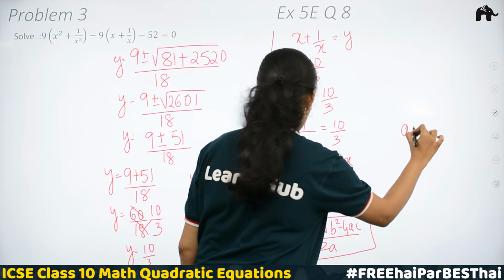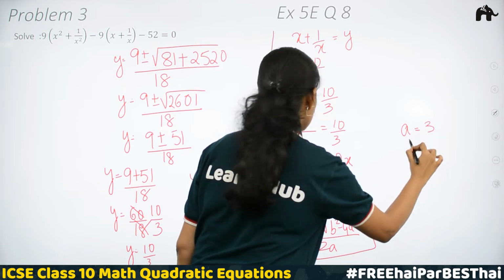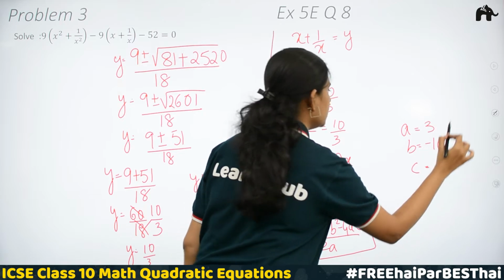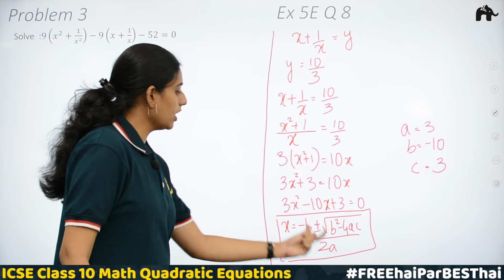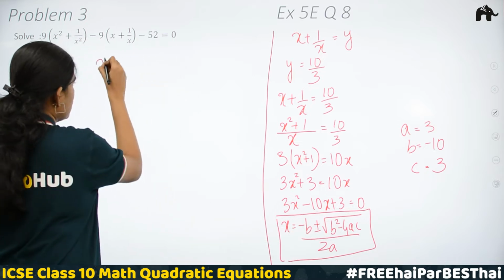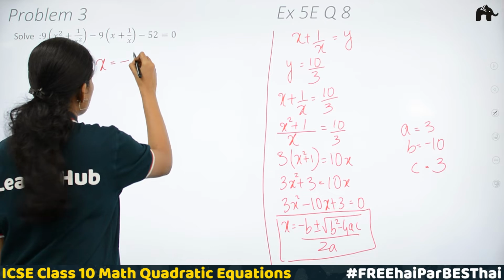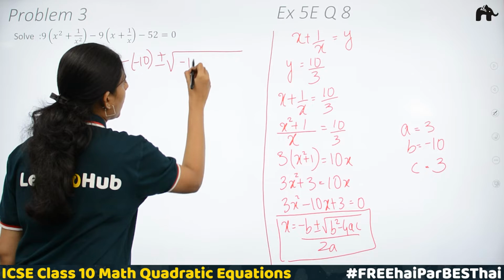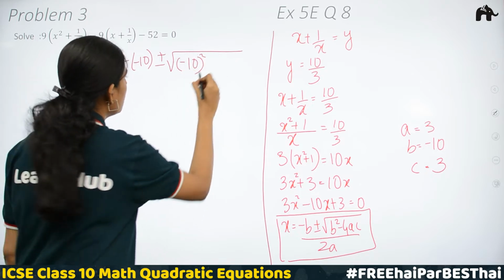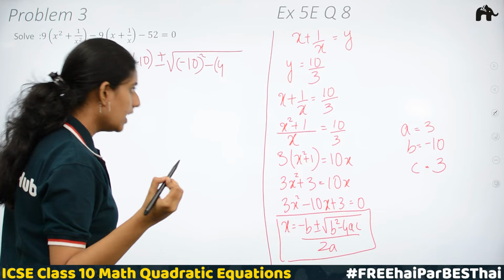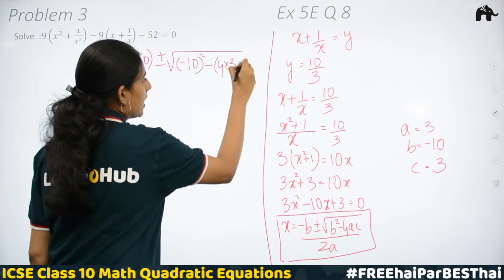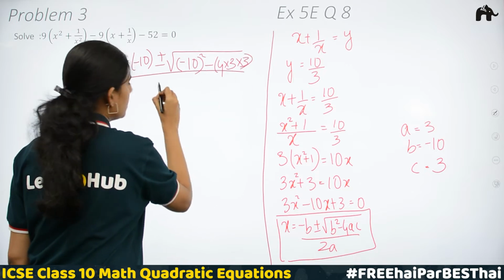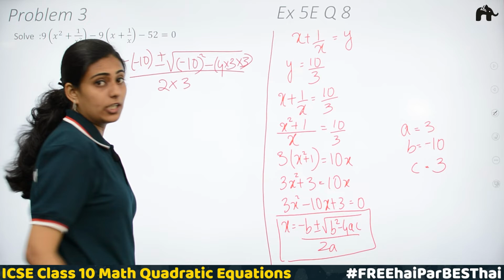Here a is equal to 3, b is equal to minus 10 and c is equal to 3. When you substitute values for a, b and c, x is equal to minus of minus 10 plus or minus root of minus 10 whole square minus 4 into a is equal to 3 and c is equal to 3, divided by 2 into a is equal to 3.